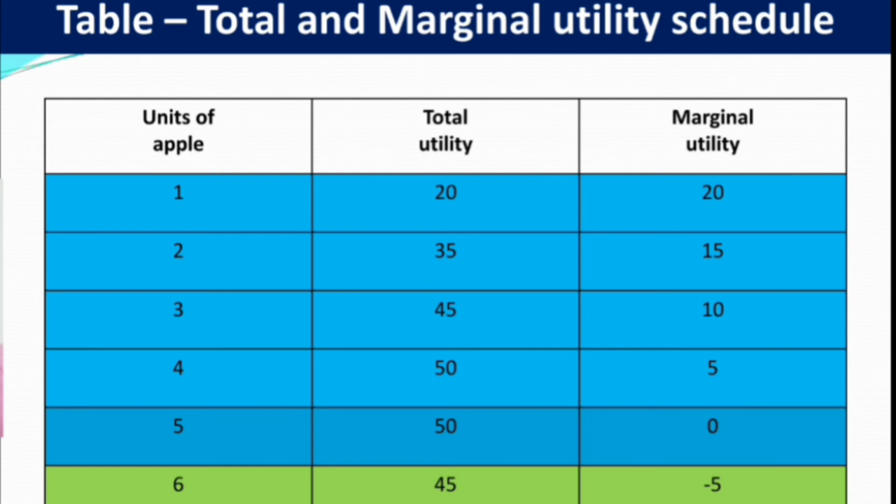You cannot have it. Your stomach must be full. So according to this law, if you continuously consume different units of the same product, the marginal utility goes down. The total utility increases as long as the marginal utility is positive, up to 0. If it goes negative, the total utility starts diminishing.